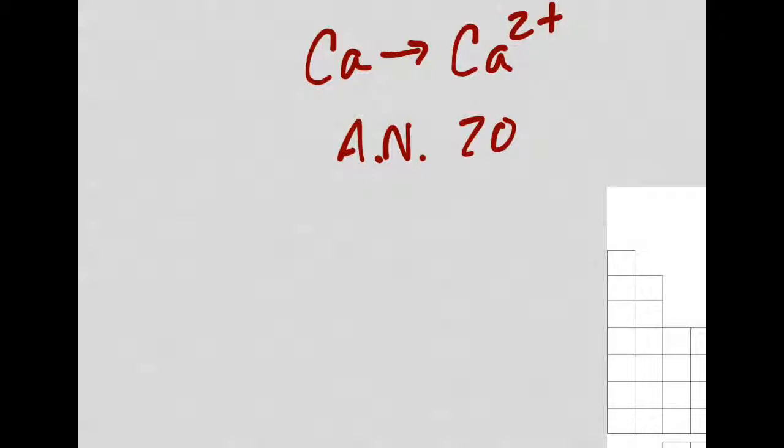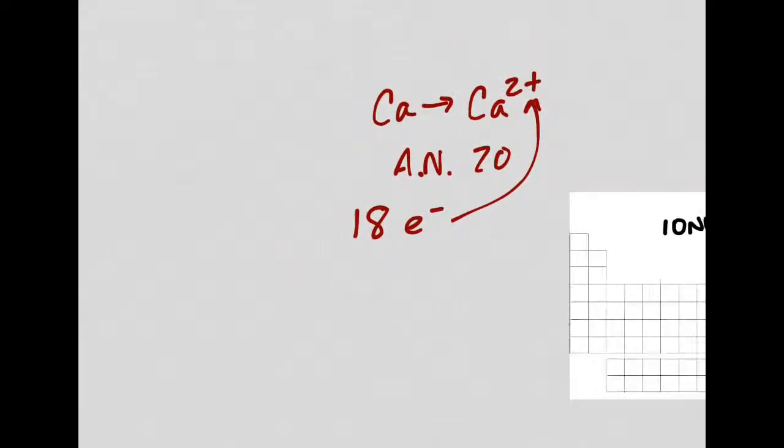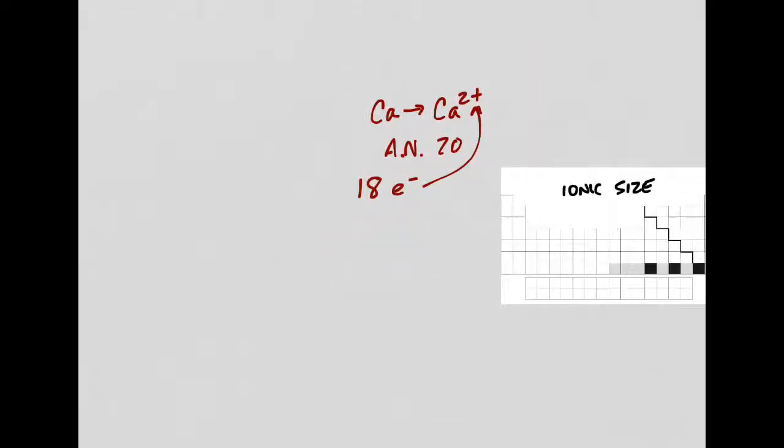So it would still have 20 protons, but it would only have 18 electrons. So when you combine the 20 protons and the 18 electrons together, that's what's going to give you the plus 2 charge associated with the calcium. Okay, so that's the concept there.